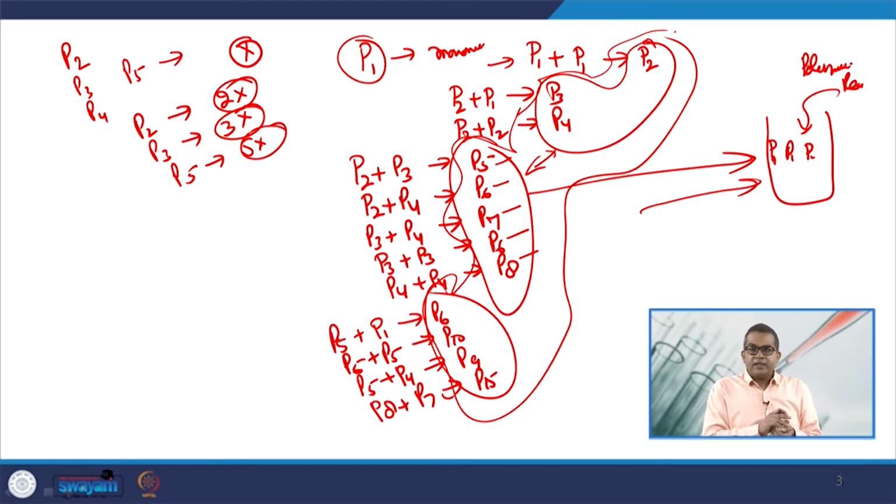Now, in that case, you are compelled to truncate or terminate the polymerization process at some juncture. When you truncate the polymerization process, there may be a chance that your polymer mass consists of different chains with different chain lengths, maybe P2, P3, P4, P5, P6, P7 up to Pn and so on.